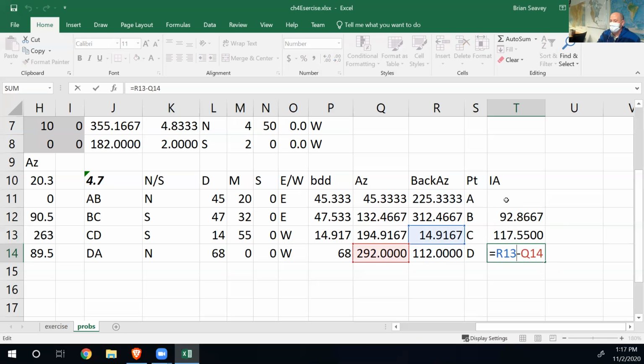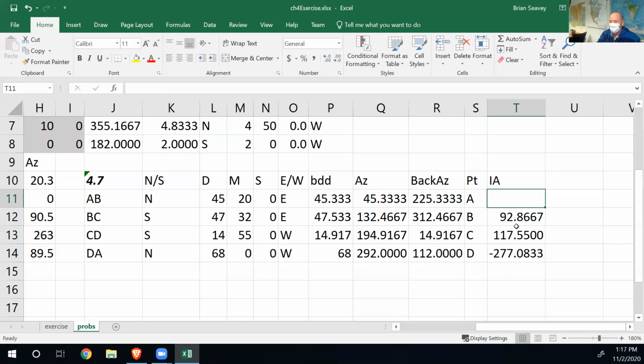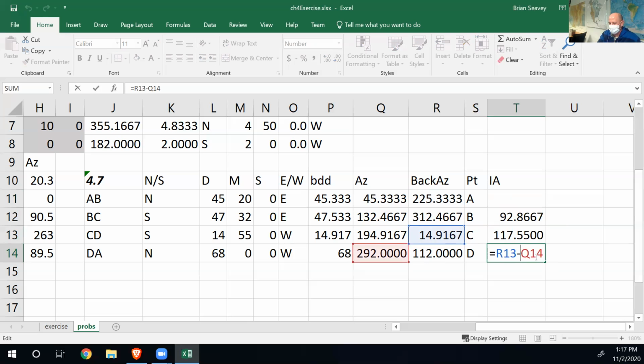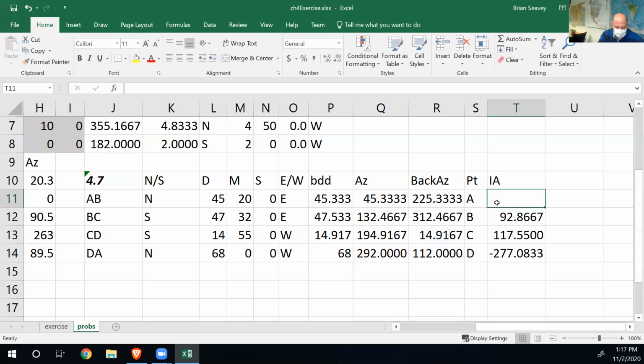But now that I get up to here, again, the back azimuth of the previous one minus the azimuth of the one forward. So this has to be equal to the back azimuth of the previous one minus the azimuth of the one in front of it. Right? Okay, so I do have a negative going on here.